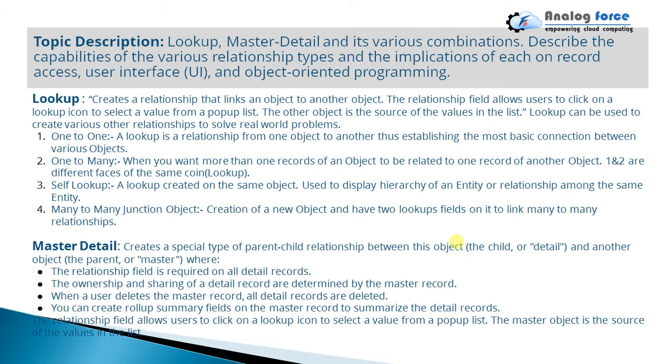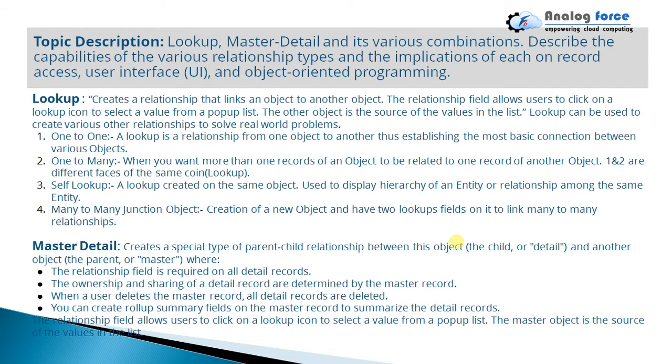A one-to-one relationship and one-to-many are actually the different faces of the same coin, which is the lookup itself. If we look from the object in which a lookup is created, it is a one-to-one relationship.